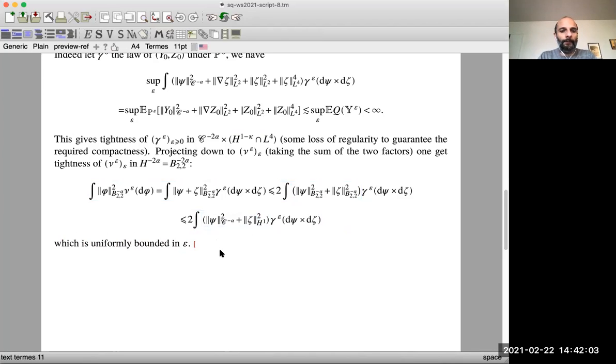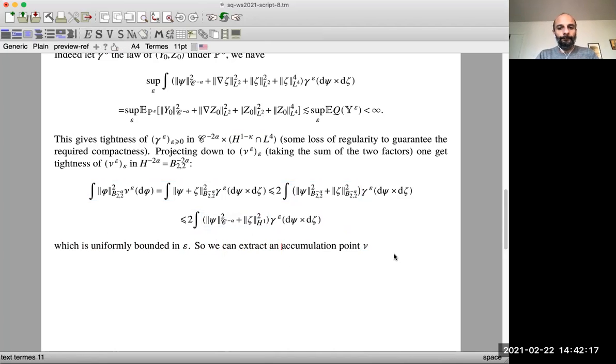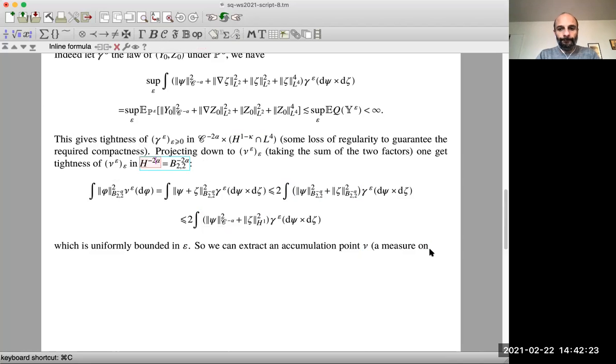So this gives the result in 2 dimensions. We can extract an accumulation point, a measure on this space. And now this is the two-dimensional theorem.